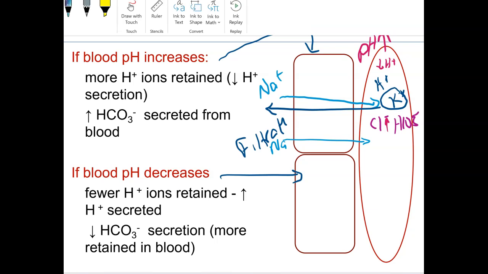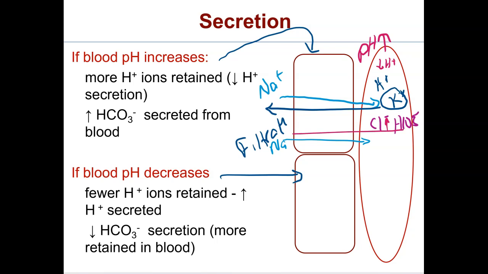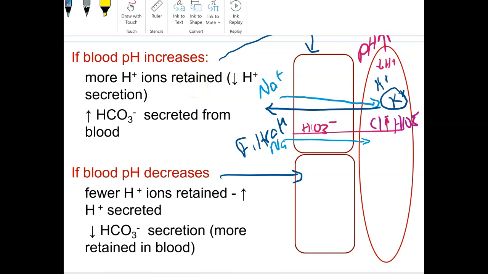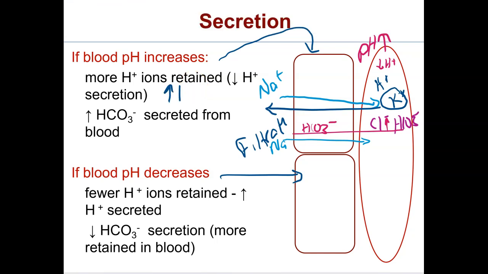And then if we look at our base, well, you know, we have too much bicarb. Now we're going to want to get rid of the bicarb and we'll hold on to the chloride. So when pH goes up, you're going to want to hold on to hydrogen. So you're going to decrease the secretion of hydrogen, which means you're actually going to get rid of potassium. So you're going to increase potassium secretion, and at the same time, you're going to get rid of the bicarb.